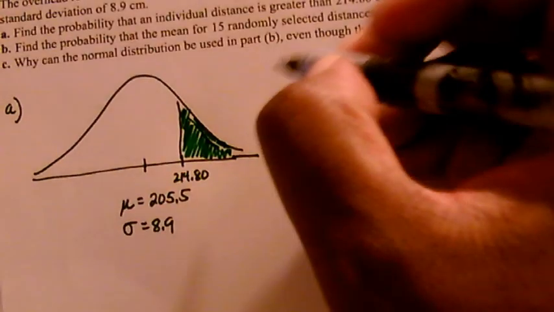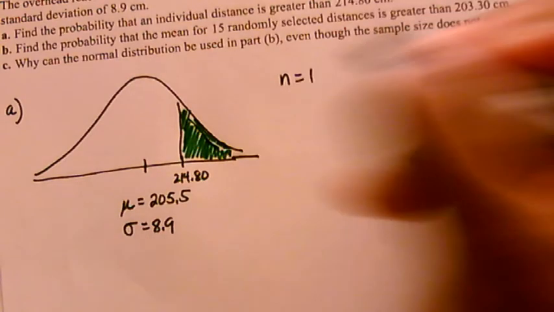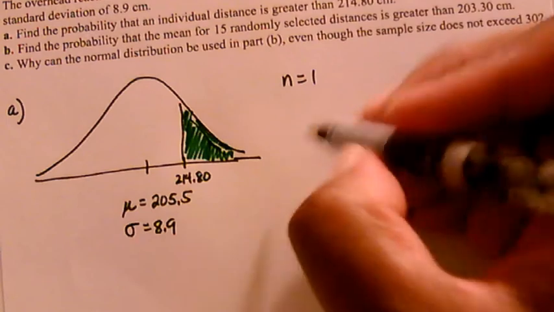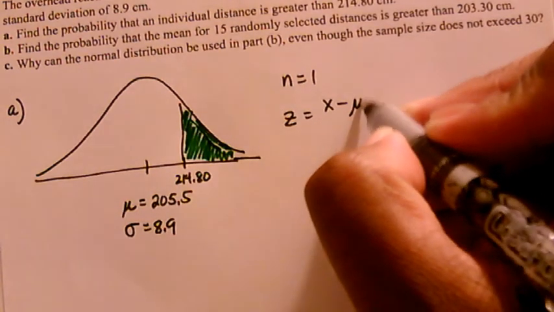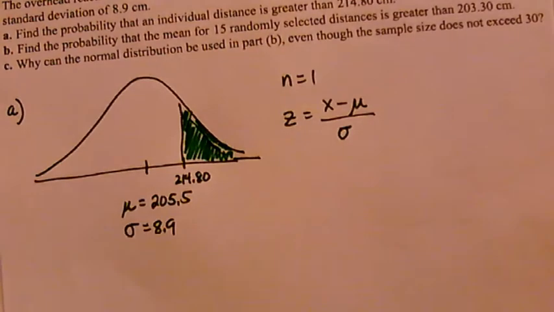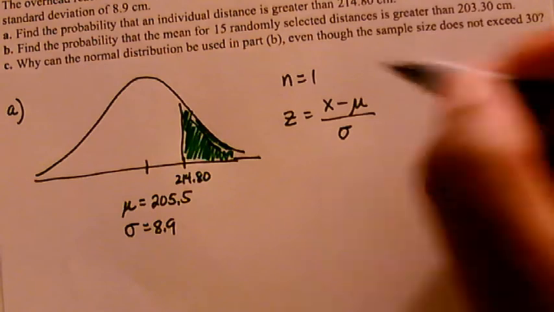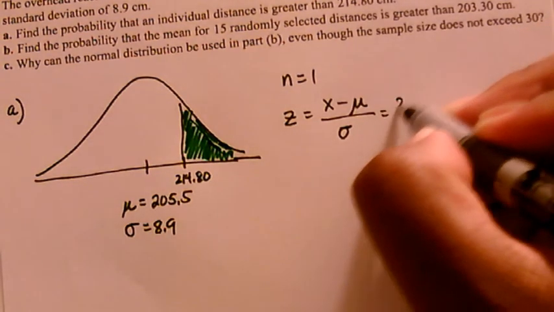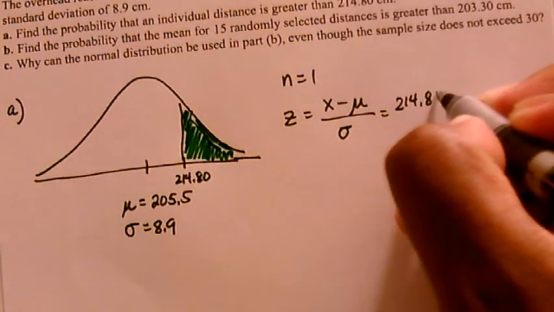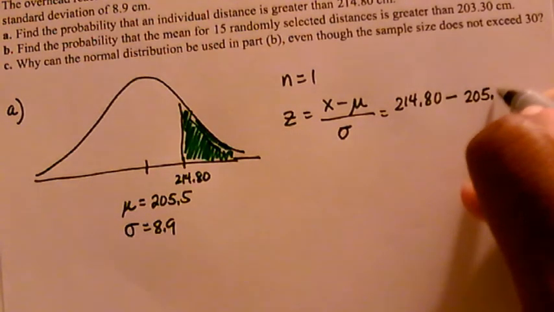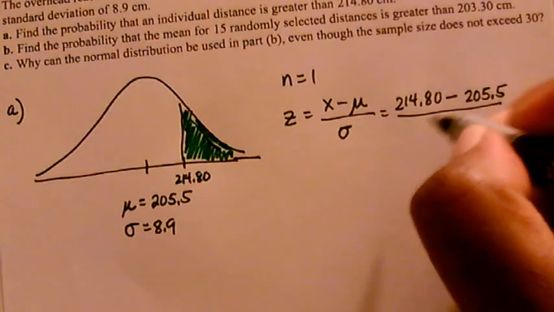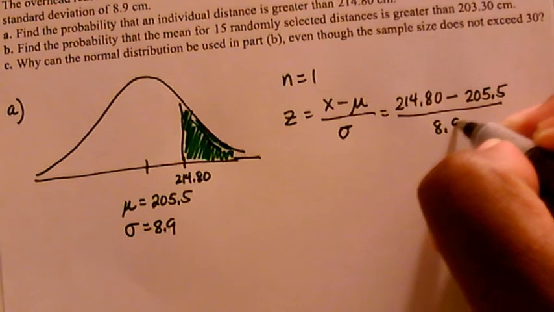Okay, so in this case here, we're dealing with an individual distance, so that means your n is equal to 1. So we convert that to a z-score using z is equal to x minus mu divided by sigma. In this case, your x value in question is 214.80 minus mu, which is 205.5, divided by sigma, which is 8.9.